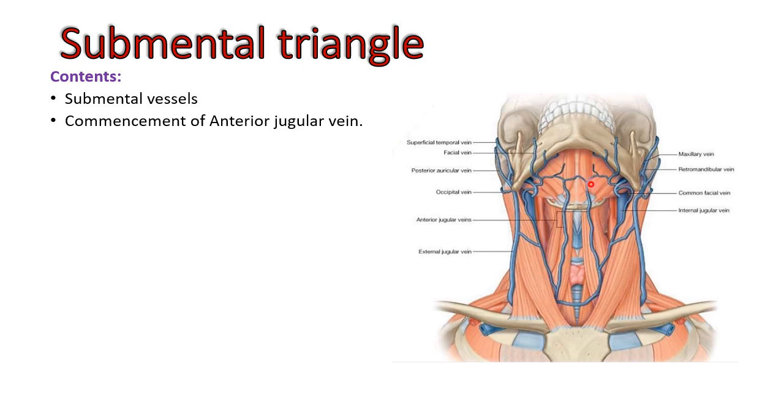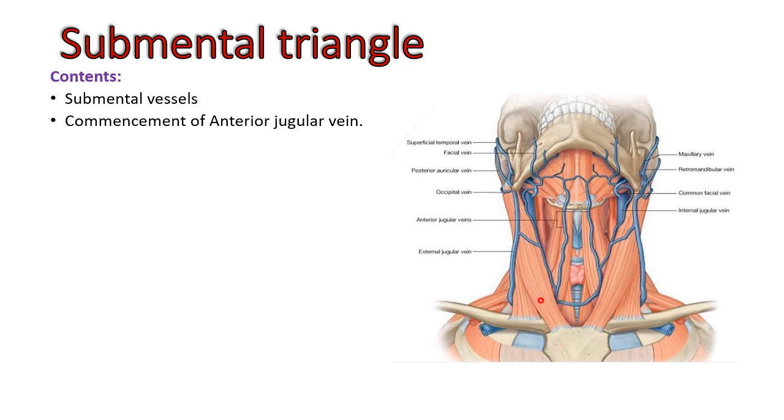They descend on either side of the midline. Then near its termination, it passes laterally deep to the sternocleidomastoid to end in the external jugular vein. So the anterior jugular vein is a tributary of the external jugular vein.